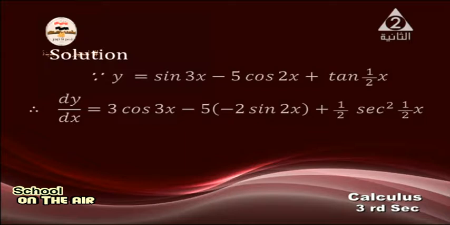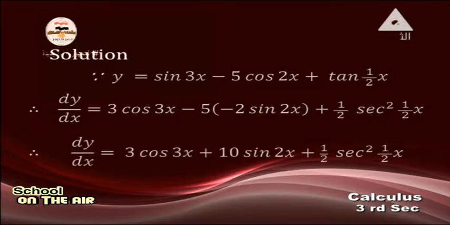The derivative of tan half x is sec to the power 2 of half x, multiply the derivative of the angle, which equals half. Then in the simplest form, dy dx equals 3 cosine 3x plus 10 sine 2x plus half sec to the power 2 of half x.